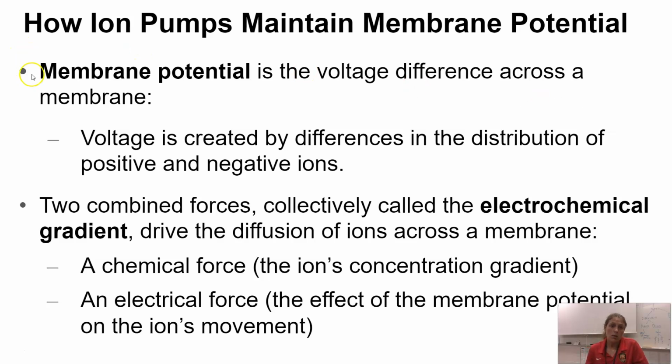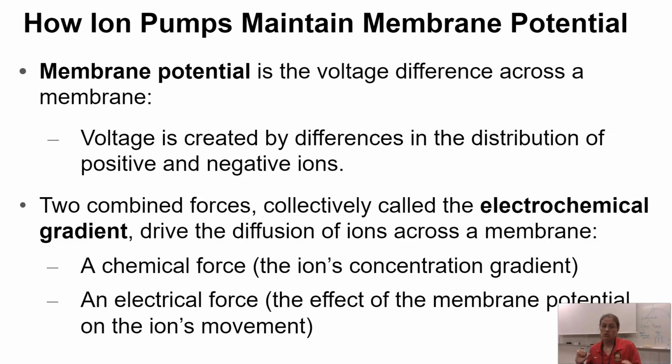So we talked about the membrane potential on that, and we talked about it being an electrochemical gradient. Okay, so what we're doing when we're moving those charged particles through the membrane is we're actually creating a voltage difference. The voltage is created because of the distribution of different positive and negative ions. So this actually creates an electrochemical gradient, or an electrochemical distribution that drives the diffusion of those ions.